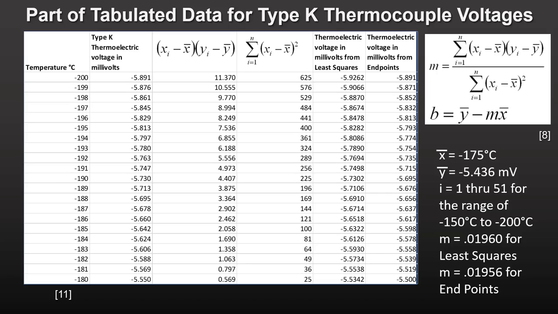The slope of the line calculated using the endpoints method is 0.01956 millivolts per degree C. For a change of 1 degree C, we add 0.01956 millivolts to minus 5.891 millivolts, and we get minus 5.871 millivolts at minus 199 degrees C.